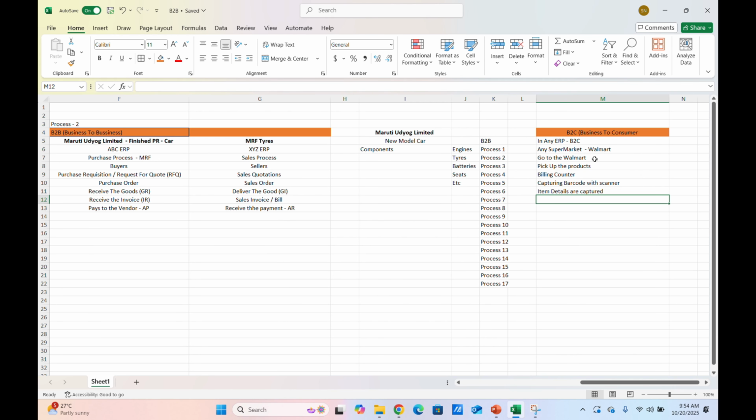After capturing all the items, the bill is generated and you make the payment.